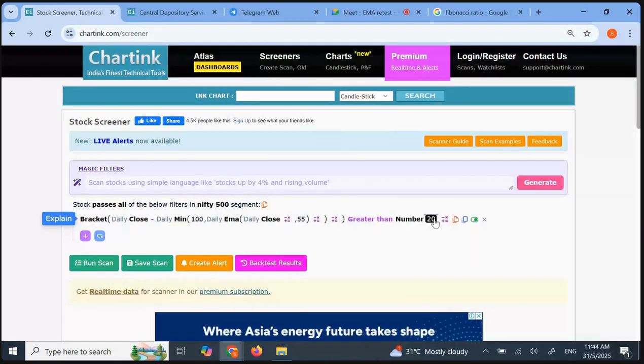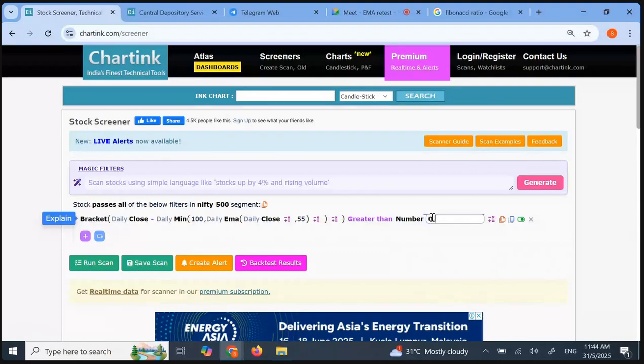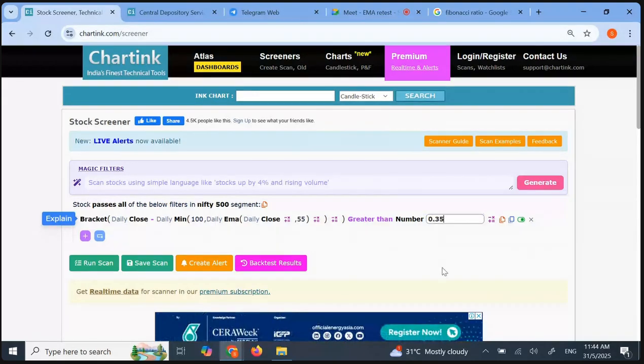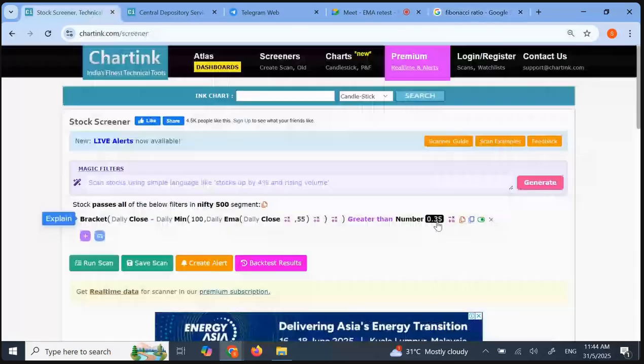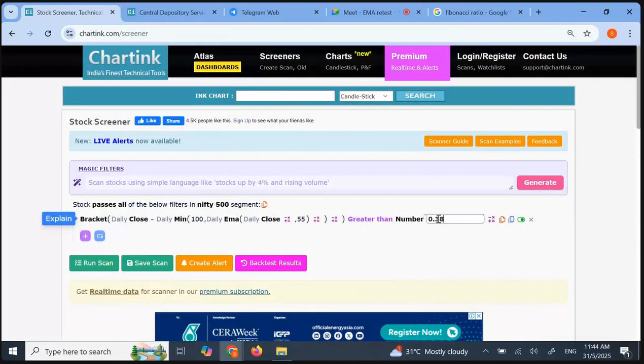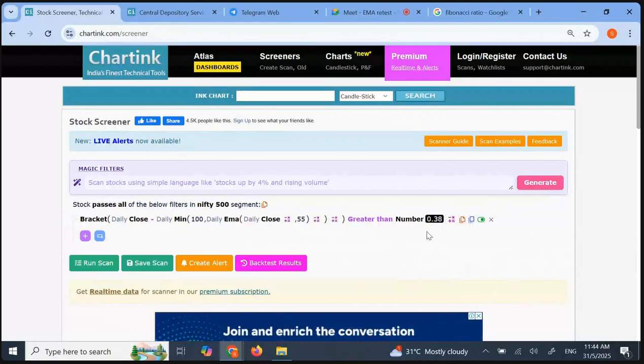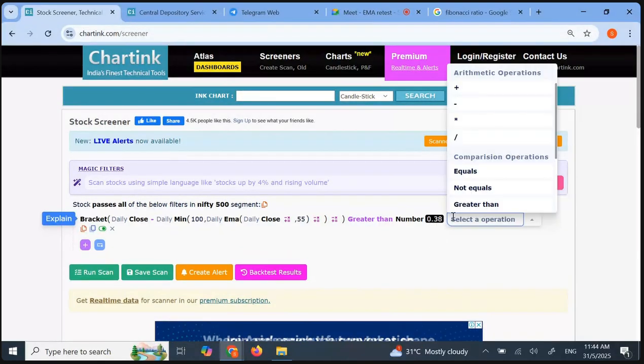35%. So what I'll do is 0.35, and if you want to follow the Fibonacci, you can go with 0.38. So instead of 35%, we'll put 38%, and the stock has moved 38% from our EMA value.